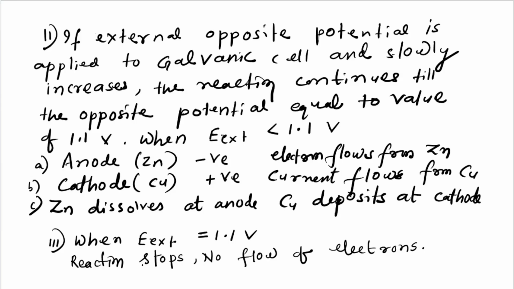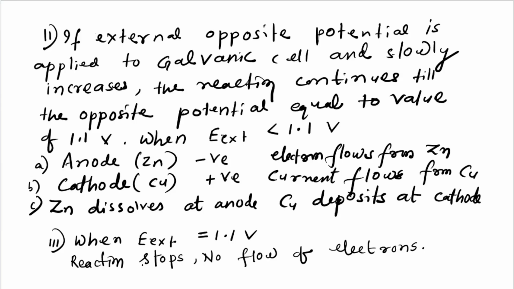That means electrons flow from the anode, and zinc dissolves at the anode and copper deposits at the cathode. The Zn2+ solution is there with the zinc electrode, the zinc dissolves, and copper deposits at the cathode.